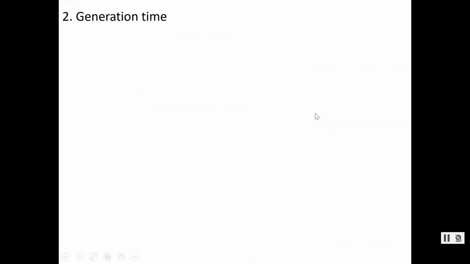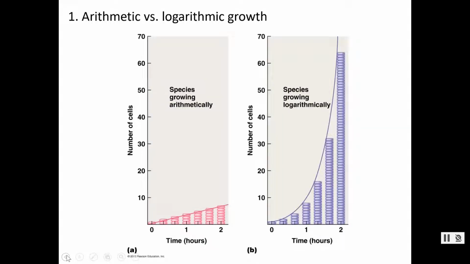So you can contrast this with arithmetic growth. This is typically what you see in larger mammals. You have one, and then they produce one more, so you get 2, and then you add one more, and that gets 3. This is a very slow growth rate, but this logarithmic growth rate can get into scary numbers very quickly.